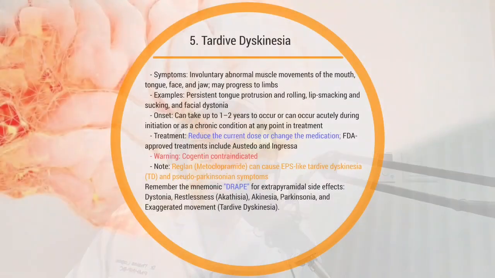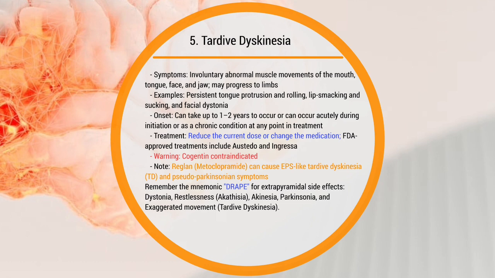That being said, which antipsychotics are known to be less prone to EPS symptoms? Well, in practice, when the patient develops EPS, I like to go with clozapine. Okay, so let's go on with Reglan.